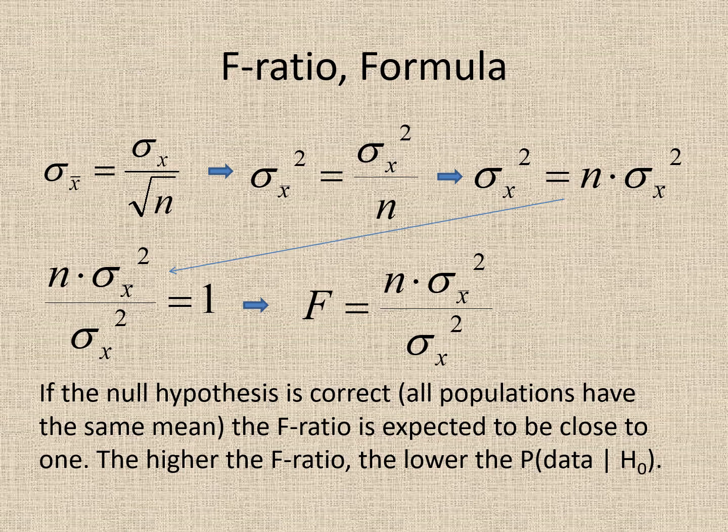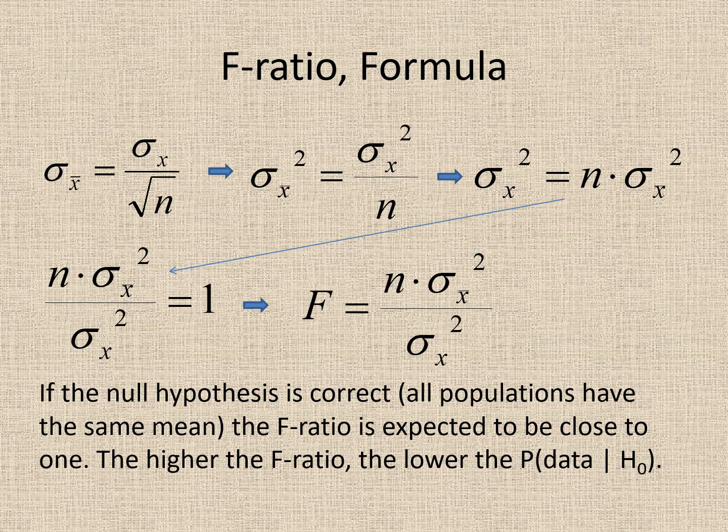And in that case, the F ratio increases. If you decrease the variance within the samples, like we did in that figure a few slides ago, then again the F ratio increases. And if we increase the sample sizes, we also increase the F ratio.